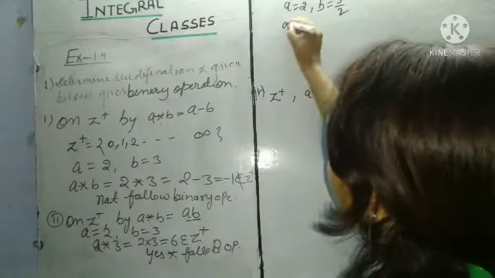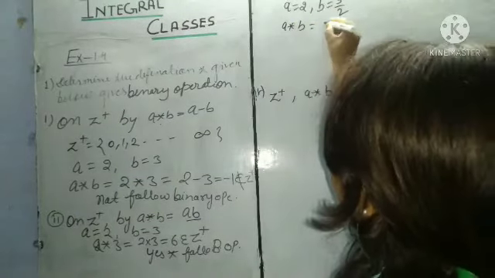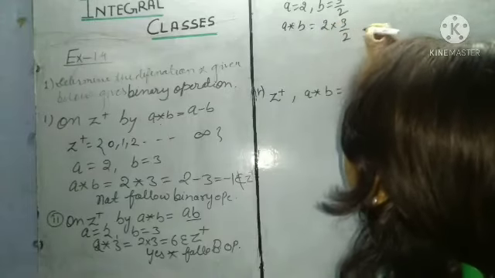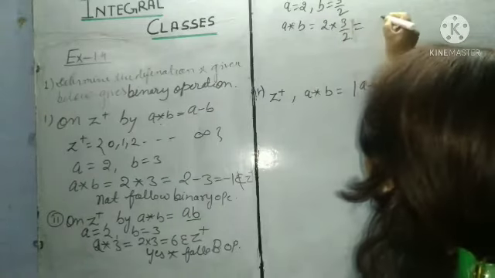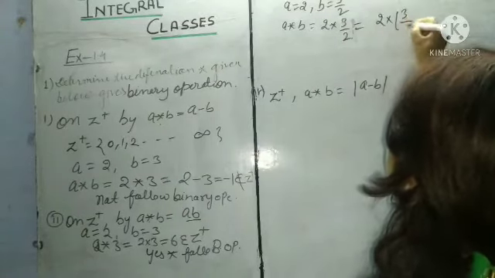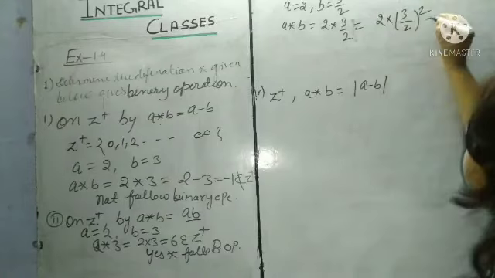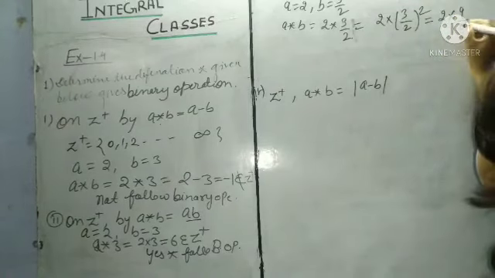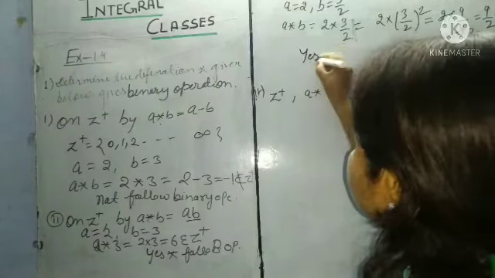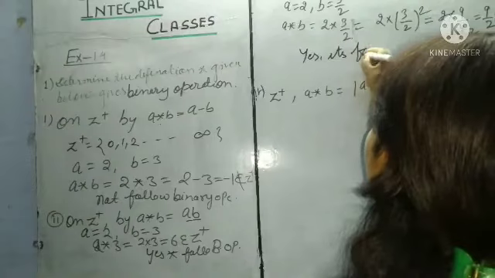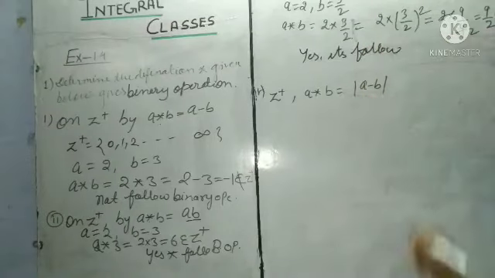Then we apply this binary operation: 2 into 3 by 2 whole square, b square here. Now opening, 2 into 9 by 4, the 2 cancels, so we get 9 by 2, which belongs to real numbers. So students, this binary operation also follows here. Yes, it follows.